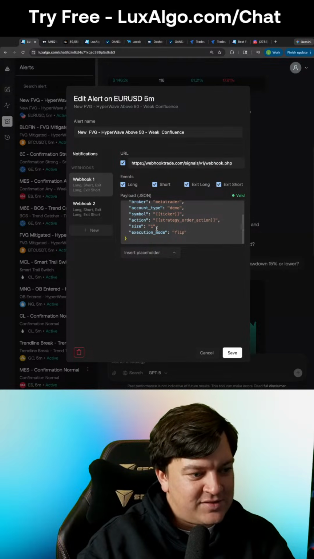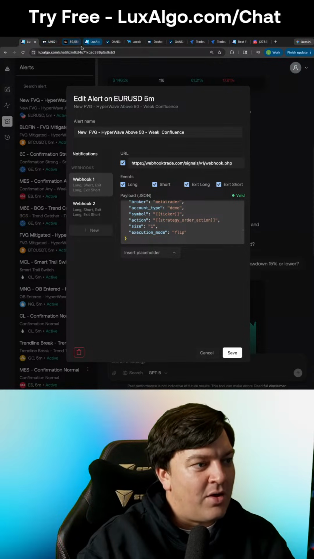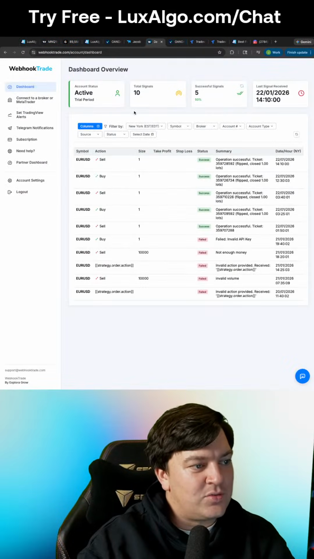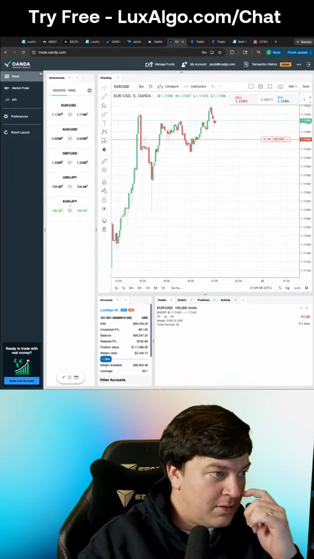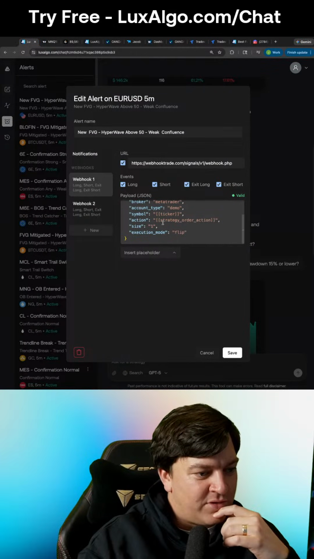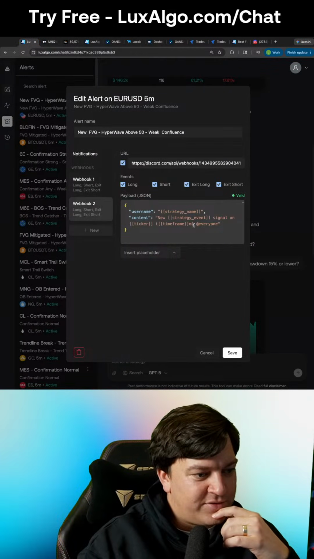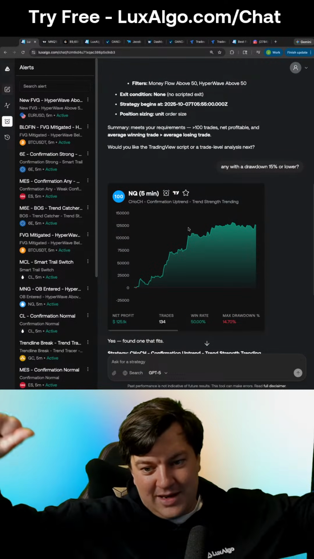So when you put that size in the payload, it's going to tell the bot to enter 100,000 of them. You can see here. If you guys trade Forex a lot, you'd probably understand that. But yeah.